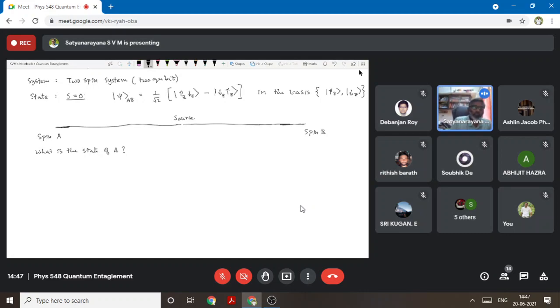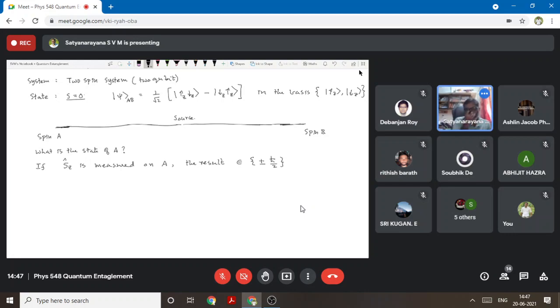Now the question that we will ask is, suppose Sz is measured on A, then the result, before we look at the result, we can only say that the result will belong to plus or minus h cross by 2.